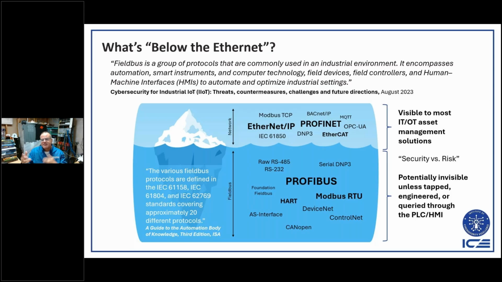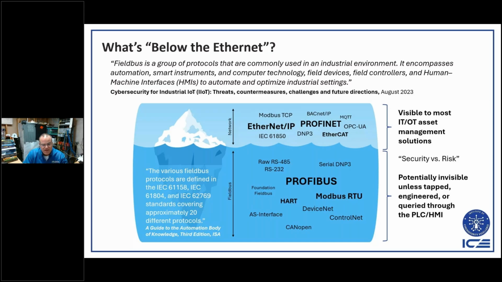So you can have serial taps. There's an organization, Synalytica, and they have serial taps where you can pull back that information. But probably what we're seeing in the industry are tools and solutions that are able to acquire a PLC over the IT network or the IP network, and then interrogate, that's probably a strong word, or at least query or investigate for anything that's downstream, connected along the bus but communicating over non-IP networks.